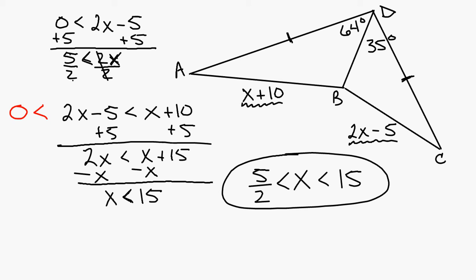Because that's the side we were dealing with. The 2x minus 5 is less than the x plus 10, but it's got to be greater than something. It's got to be greater than 0. So I had to write a separate equation. Because in this type of inequality, you can't write a compound inequality that looks like this, where you've got a variable in the middle and on the right. You'll never be able to solve it.